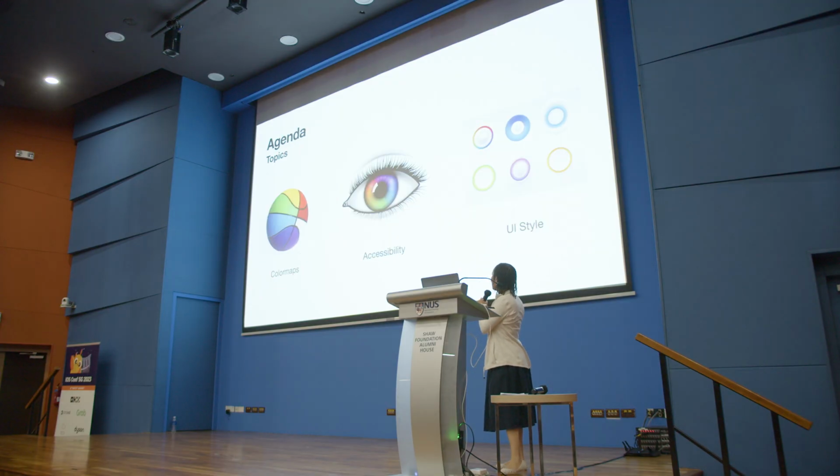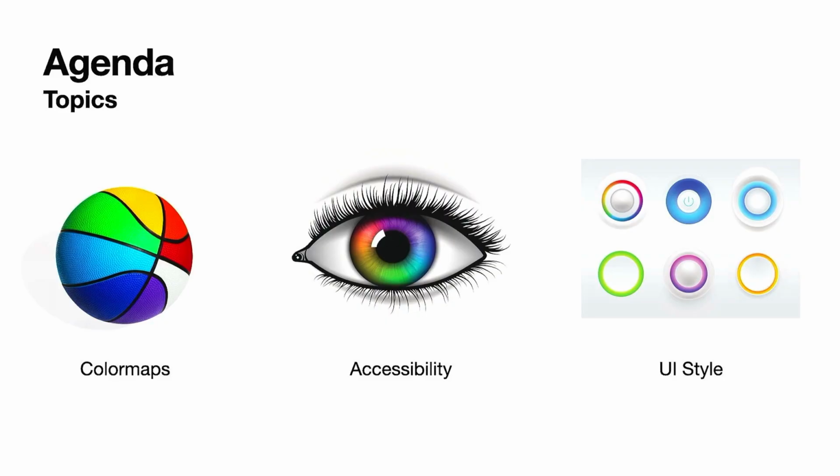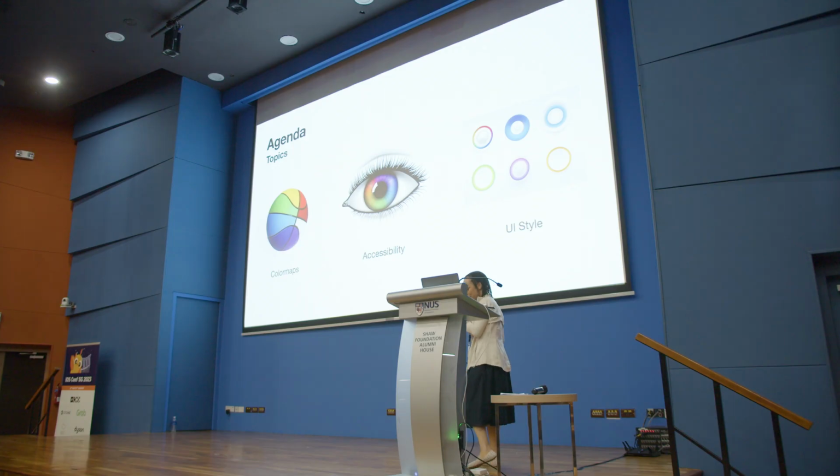All right. The agenda of my talk covers 3 topics. I'm going to start with color maps. Then I'll go a little bit into accessibility, a little bit into some data visualization, and then finally I'll go into UI styles.